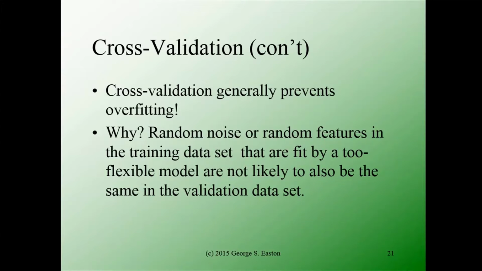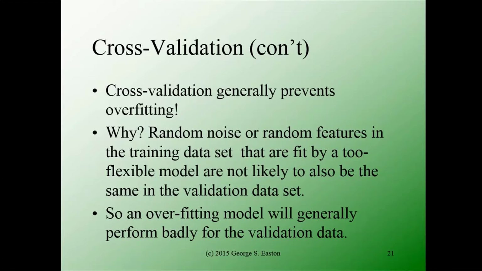Different random features may occur there, but those features won't have had any influence on the model fit to the training data set. So a model that overfits the training data set will generally perform badly for the validation data. And because of this bad performance in comparison to simpler models that don't overfit, the overfitting model will not be selected by the validation data.